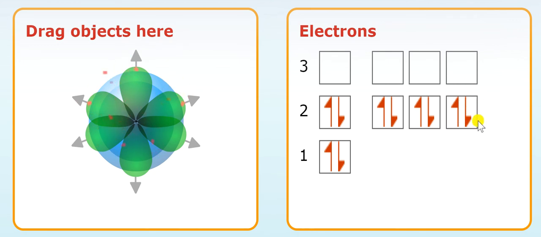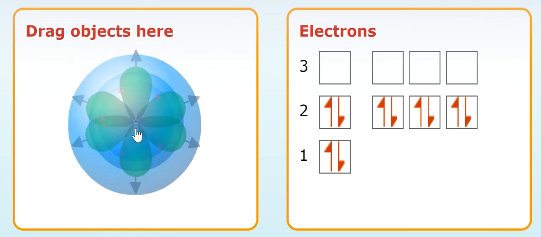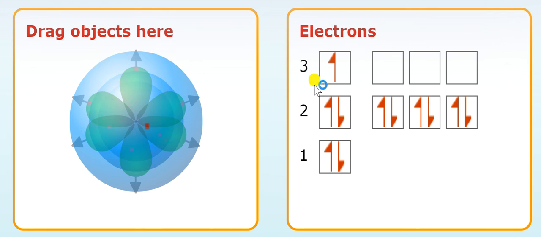Now that 2p is full, I know the next thing in electron configuration is to move to the 3s orbital. So let's add a 3s orbital. Notice the sphere shape, and it's a little bit further away from that nucleus. We're going to add an electron to the 3s, and oh, did you catch it?